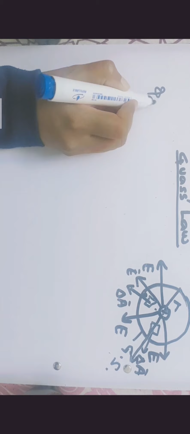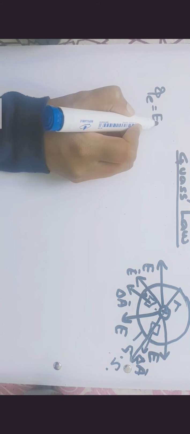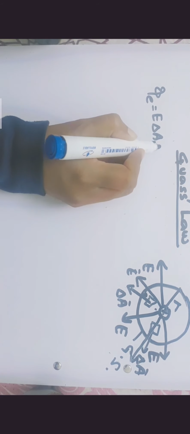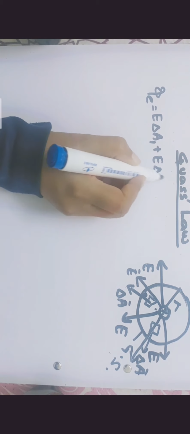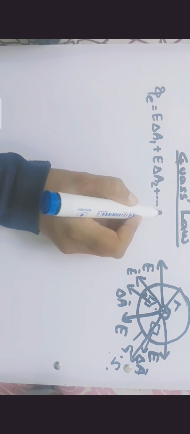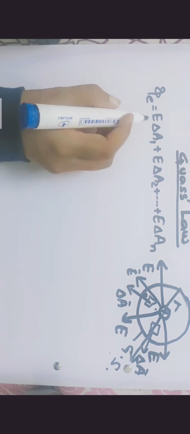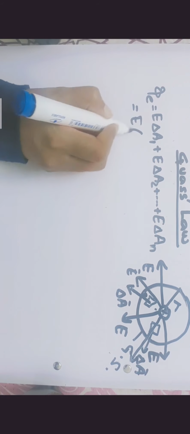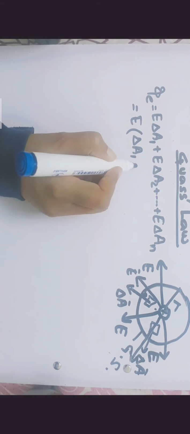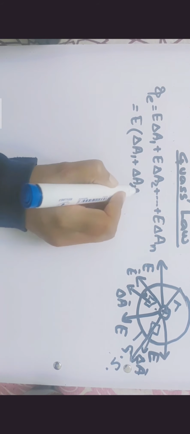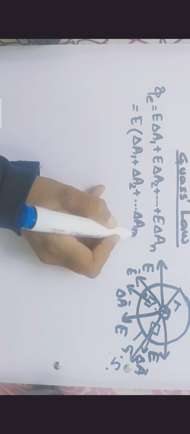So we can take E1 equals E2 equals E3 and so on. Taking a common value, we have phi E equals E delta A1 plus E delta A2 and so on up to delta AN. Now taking E as common, we have delta A1 inside the bracket up till delta AN.